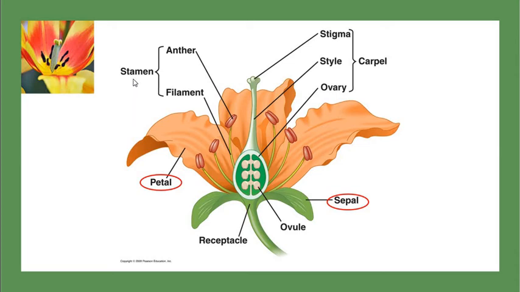Up here, if you look and follow it down, you see the stringy things that stick up. These are called stamens. They are the male structures. You have this long stalk type thing that comes up here. That is the filament, and the part that is on the top is called the anther.